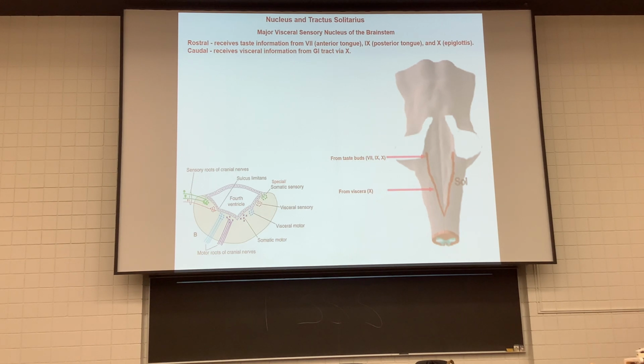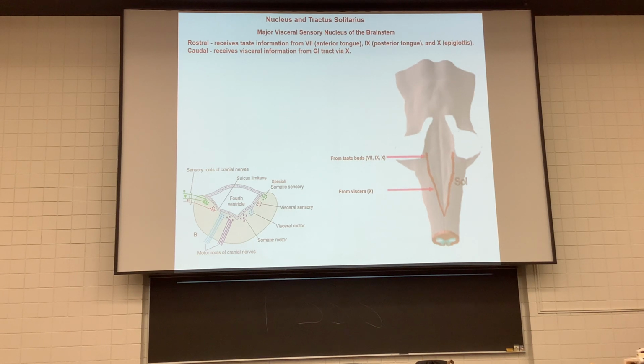You know what they look like now on the brainstem. Those axons are coming in, and they're going to form what's called the solitary tract. The axons will leave that tract and synapse on neurons in the solitary nucleus.